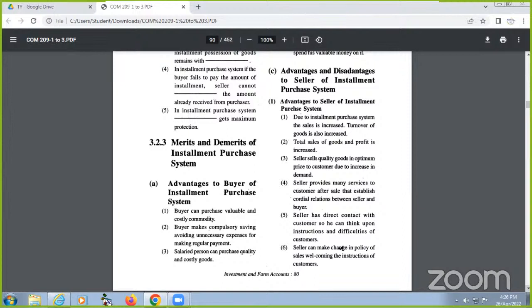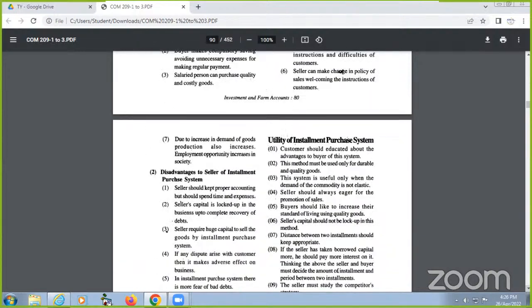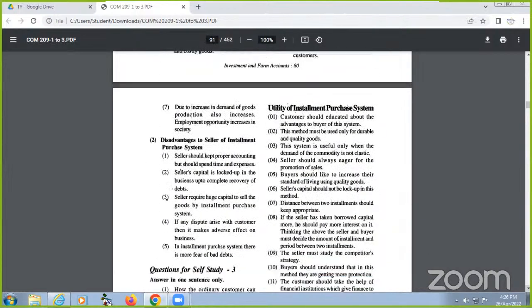According to the installment system, you can easily purchase this bike, and you run on the road at this moment also. So this is the installment system.